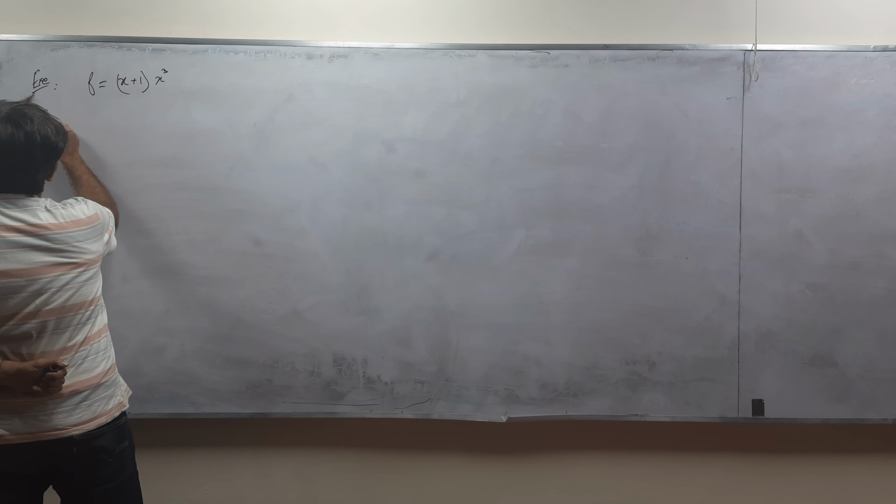Plus derivative of x with respect to x, I have already proved. Derivative of x with respect to x, or derivative of alpha with respect to alpha, that is 1, and the derivative of constant with respect to x, that will be 0. Okay. Yes, I'm writing here.